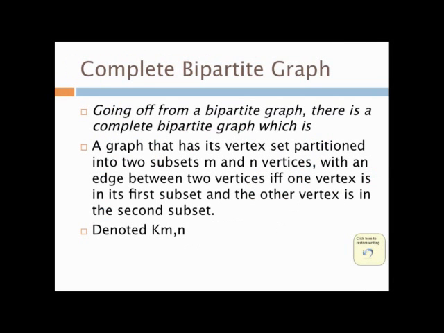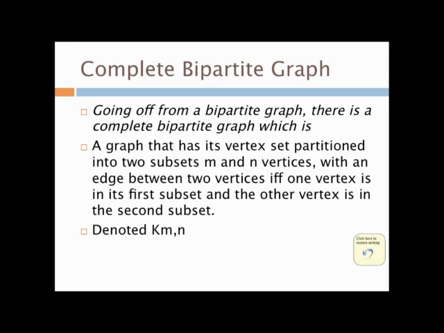Next we have complete bipartite graphs. Going off from a bipartite graph, there is a complete bipartite graph, which is a graph that has its vertex set partitioned into two subsets, M and N vertices, with an edge between two vertices if and only if one vertex is in its first subset and the other vertex is in the second subset.